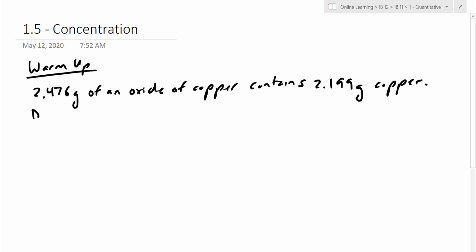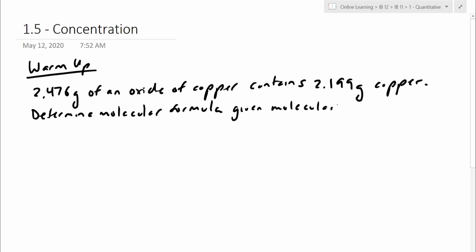The question is to determine the molecular formula, the actual compound, given the molecular mass. Now they're going to come up with a lot of names for mass. This is like molar mass, but it's the molar mass of your molecular formula. Given the molecular mass is 286. And remember, for masses, it's best to say no units because it's relative to carbon. So that's the question as worded here.